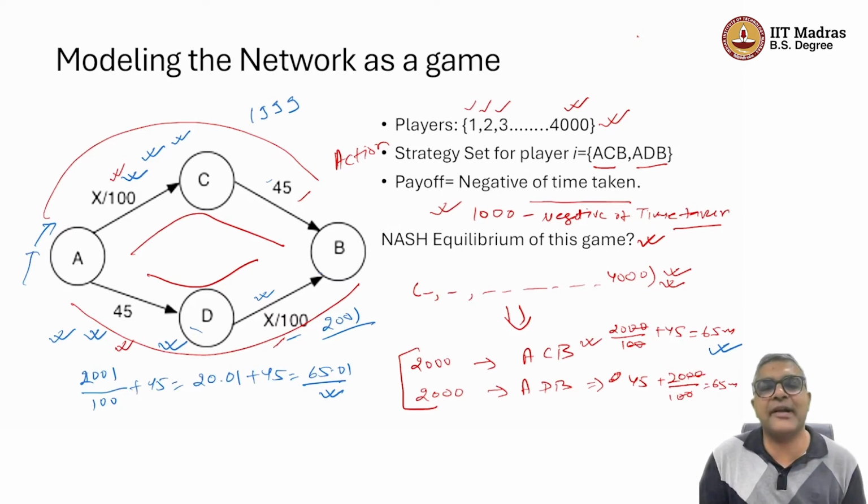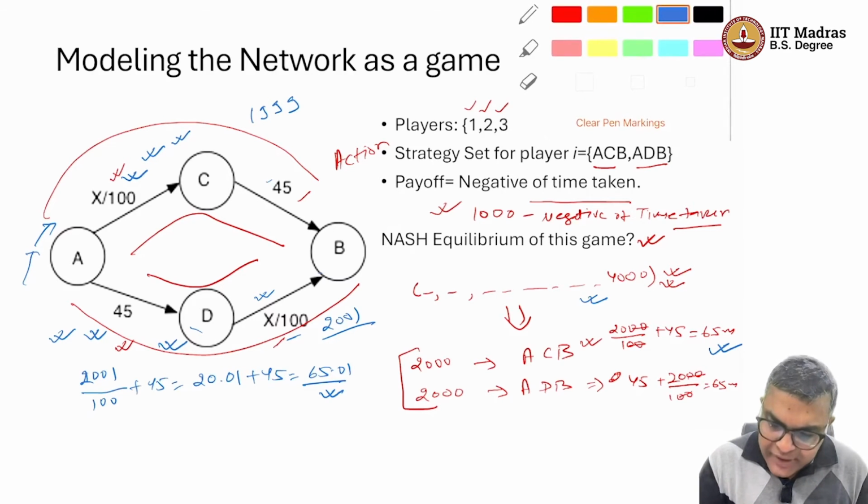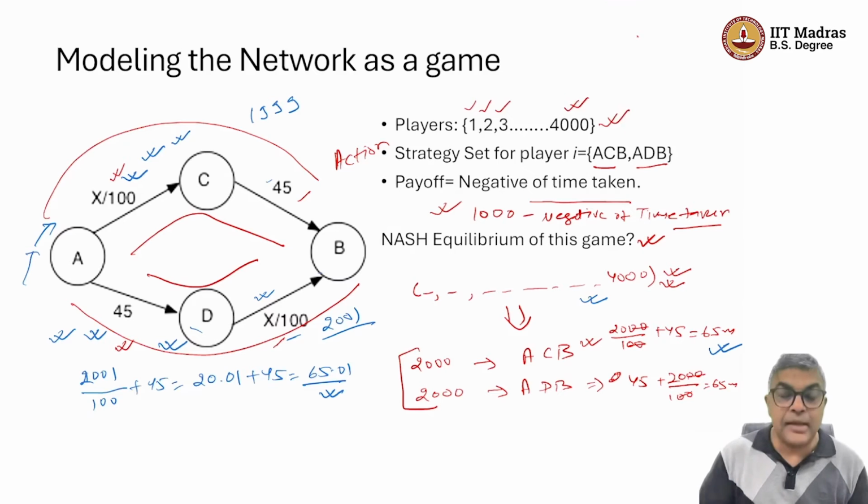So none of the drivers can unilaterally deviate and increase his or her payoff, and therefore none of them would like to deviate, and this would be a Nash equilibrium in which 2000 drivers are taking path ACB and 2000 drivers are taking path ADB. Now how did I figure out 2000? It looks symmetric, but that is not important in a way, because in Nash equilibrium we can check one of the ways.